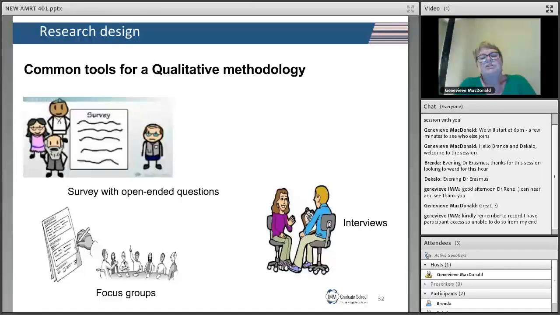Let's look at research design. I have to decide based on my research objectives: will I do a qualitative methodology? Make sure you understand what qualitative methodology is.